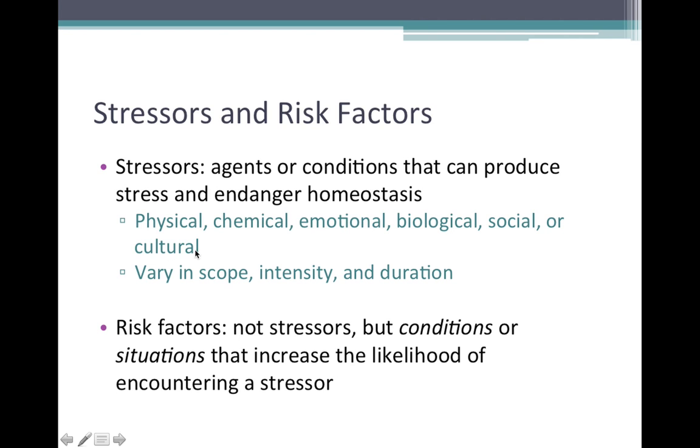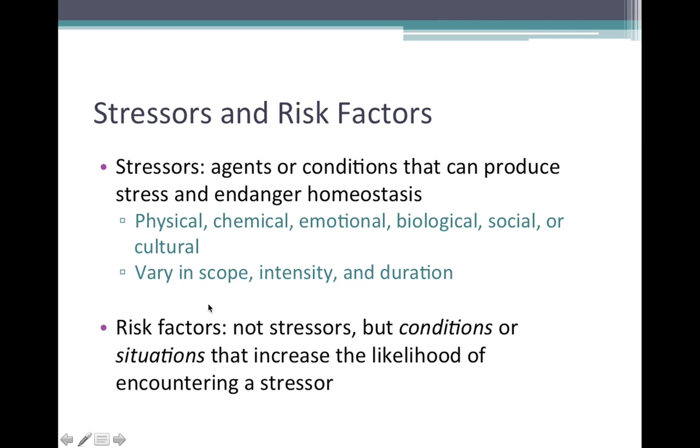Now, stressors can vary in scope, intensity, and duration, and psychologists can rank emotional stressors on a certain scale. Probably one of the most stressful events in someone's life are things like death in the family or moving. Circumstances which require a lot of change are usually very stressful, but stressors can vary in scope.